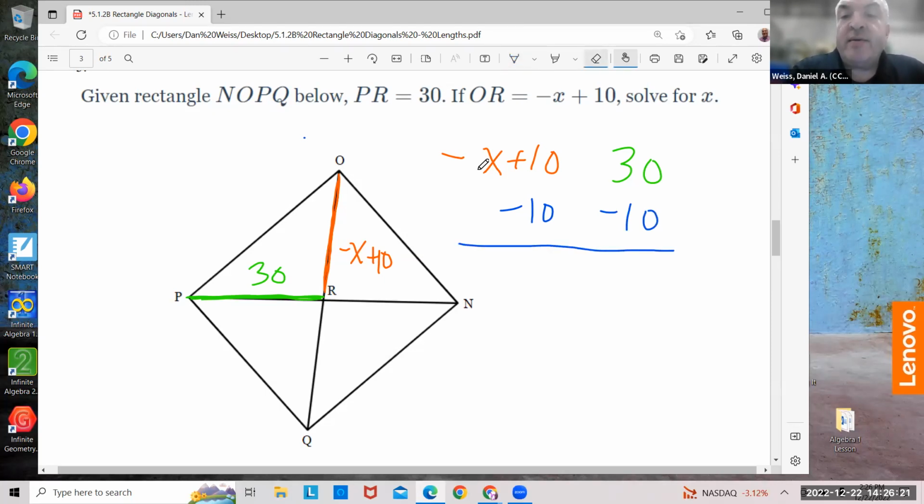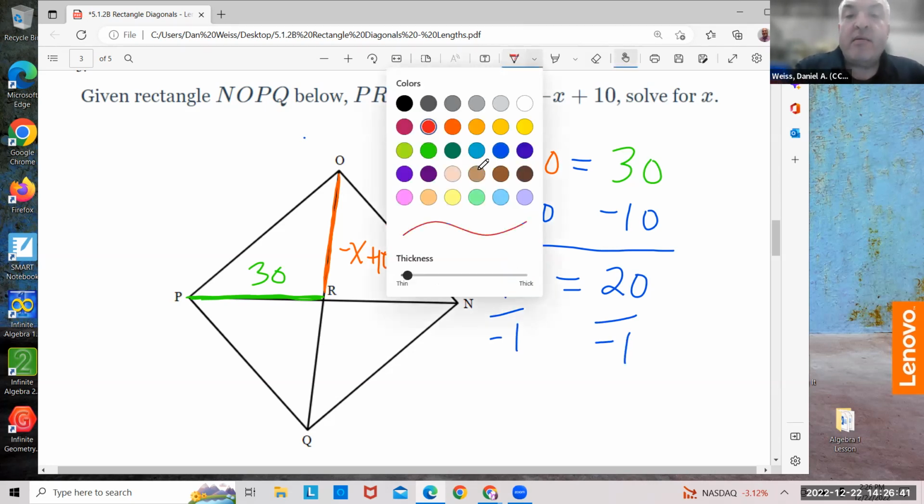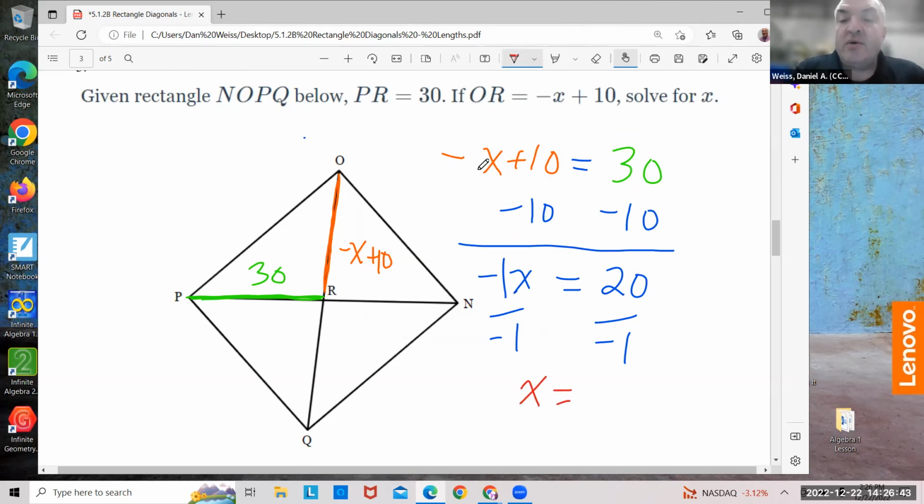Okay. Minus 10. You get negative x equals 20. Negative x is the same as negative 1x, right? We're going to divide by negative 1. And x equals negative 20.